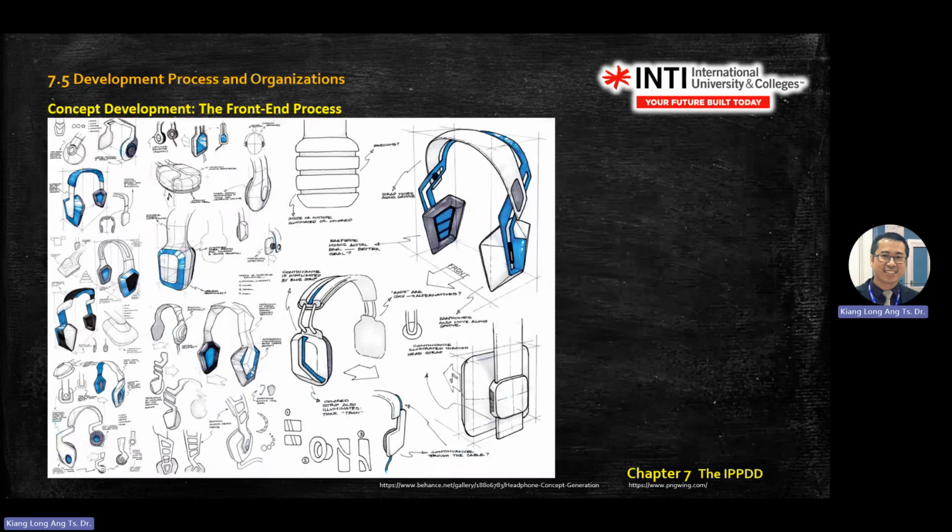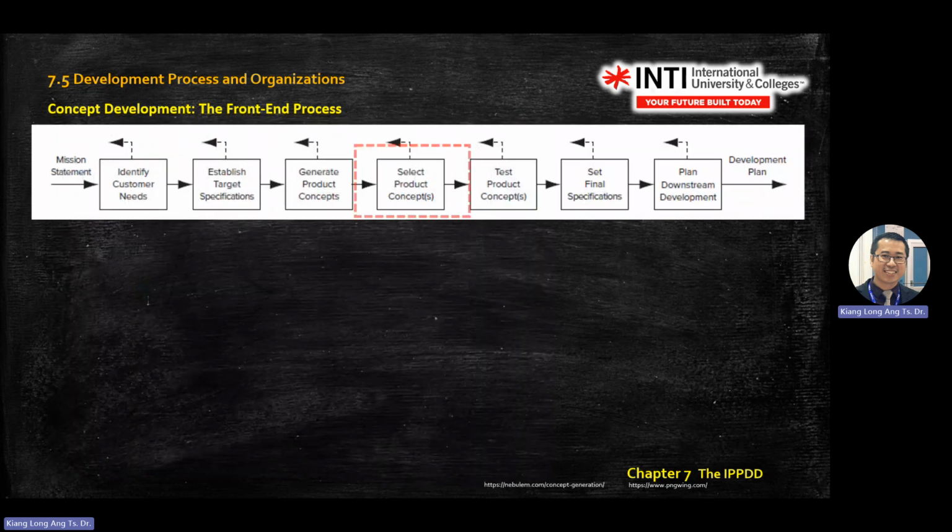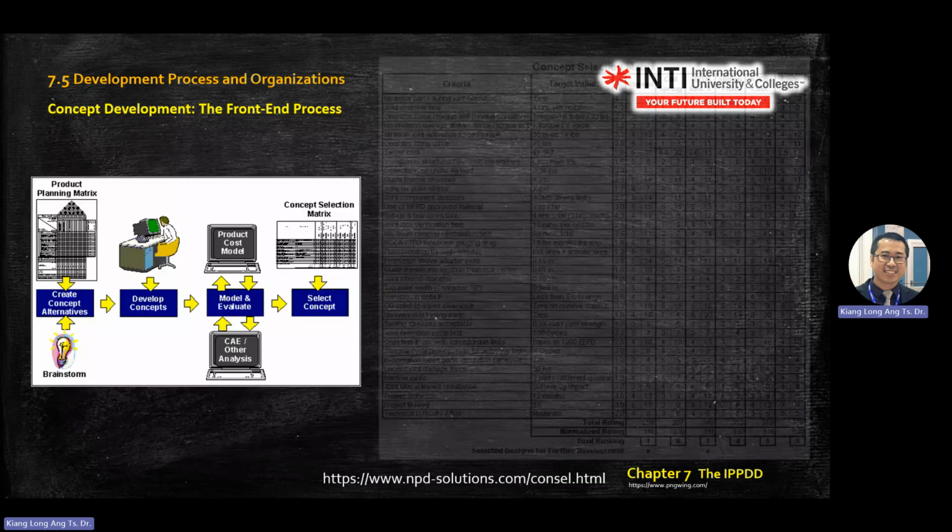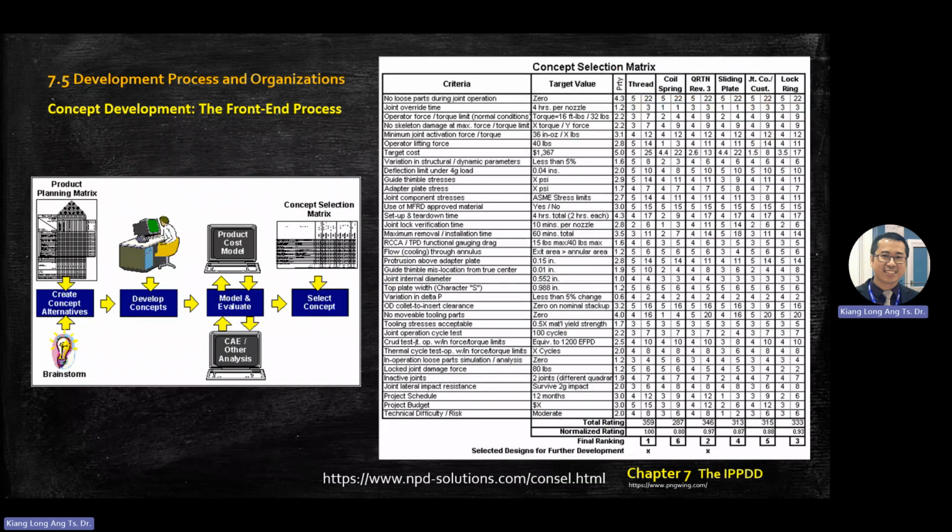Then you go into detailed design. You'll come up with all these sketches. What is the function, and so on. Concept selection. There is a matrix for concept selection. So in your report also, we expect you to have a matrix for selection.